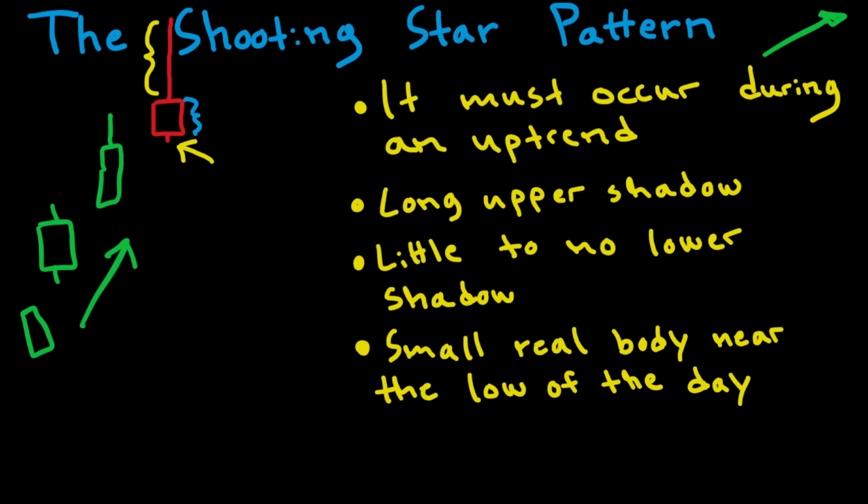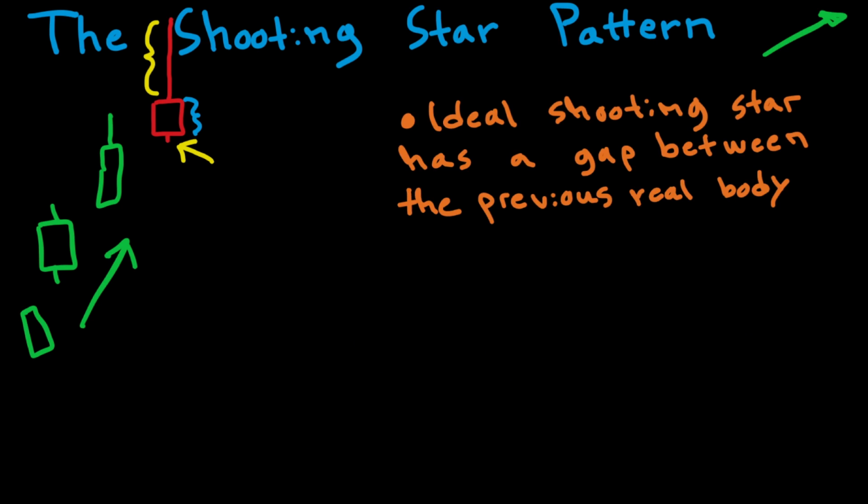All right, and it can also be worth mentioning here that the color of the candle is not that important. It can be a valid shooting star if the candle is green or if the candle is red. It doesn't actually matter too much here. Some other things worth mentioning: the ideal shooting star has a gap from the previous real body.